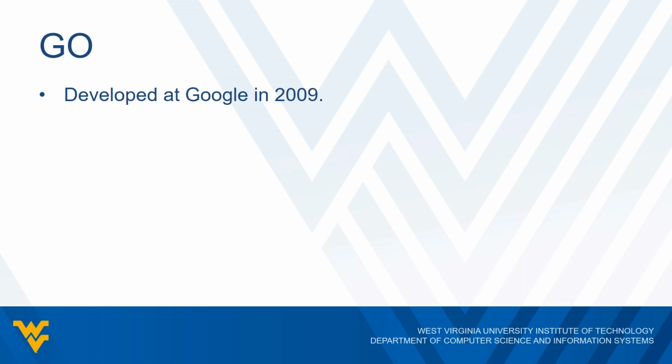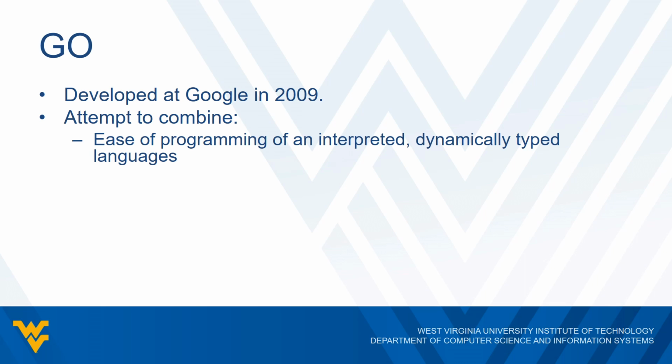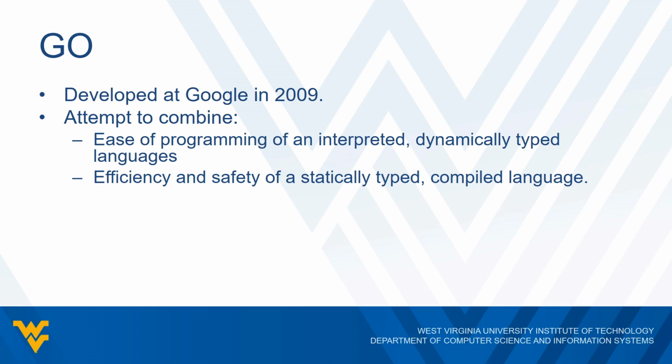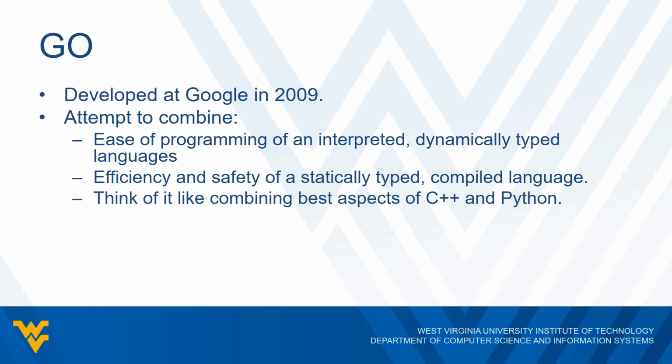So with Go, there was an attempt to combine several of these ideas: the ease of programming of an interpreted, dynamically typed language with the efficiency and safety of a statically typed, compiled language. The way that I would describe it is as trying to combine the best aspects of C++ and Python.